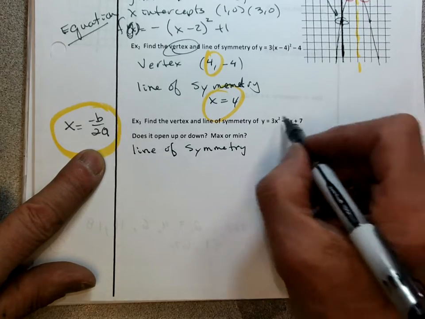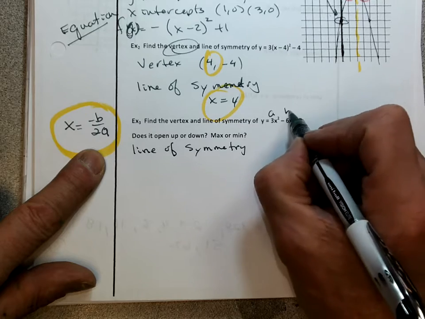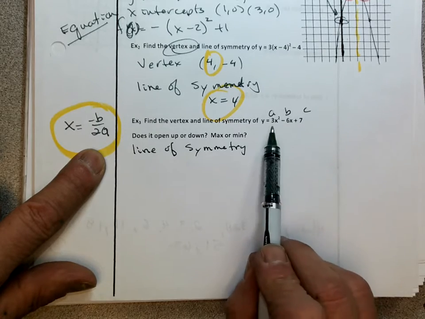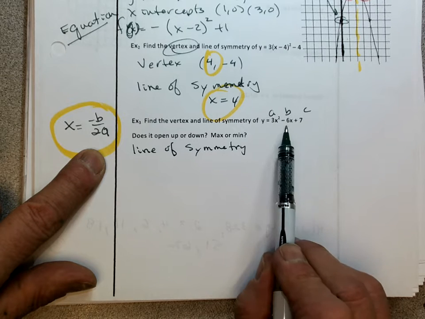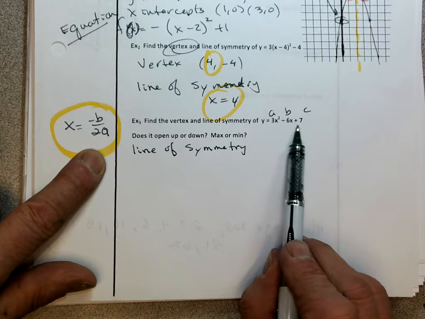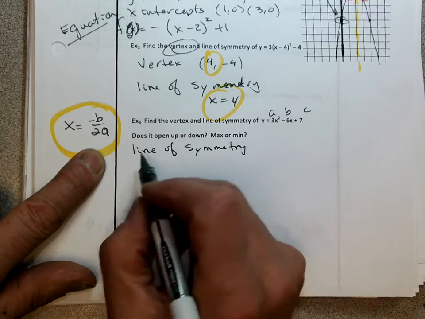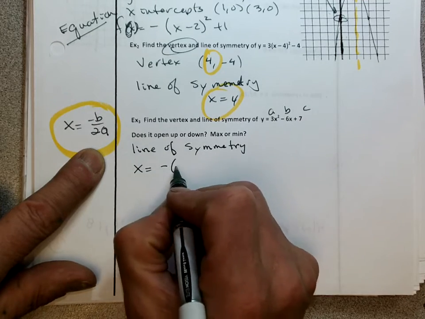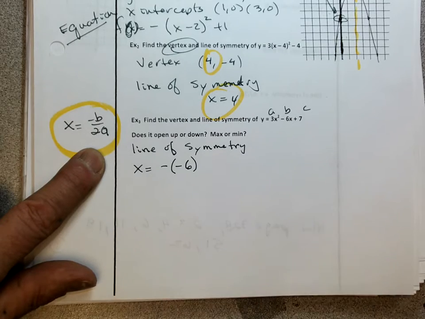So a is 3, b is negative 6, and c is negative 7, right? To find the line of symmetry, we'll say x equals negative b, which is negative 6. I get a double negative. I can handle double negatives.